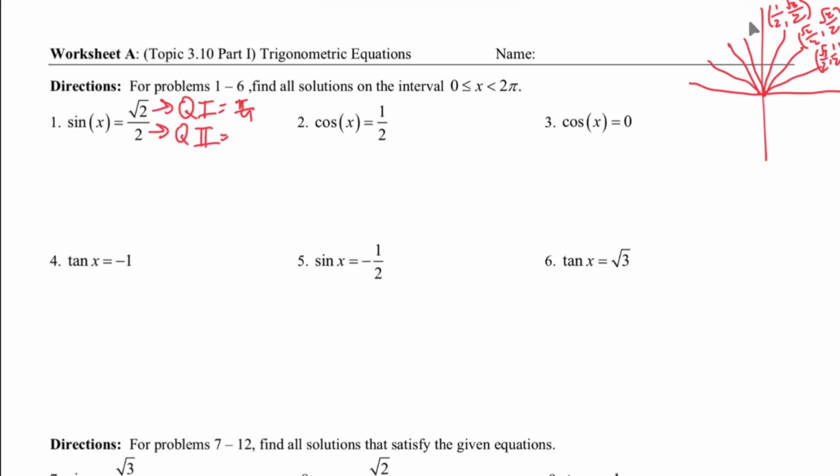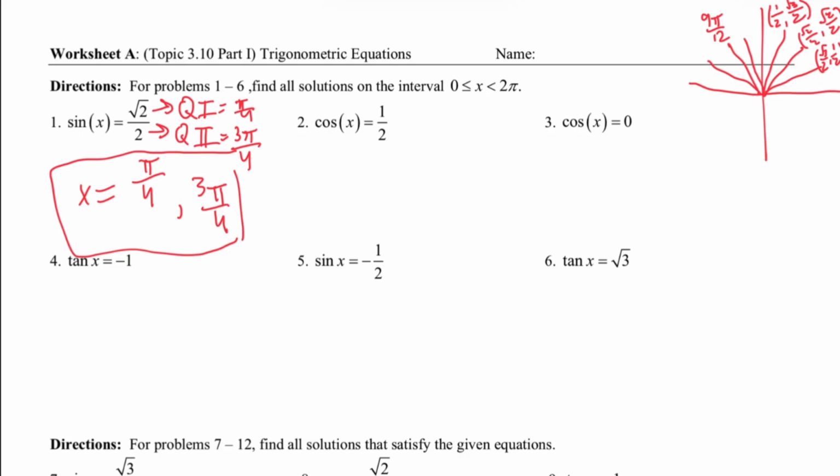But we need to count the line in between. So 6, 7, 8, 9. That right there is the middle line, which is a number over 4. So 9 pi over 12, but that simplifies to 3 pi over 4. So the answer to 1 is that and that.